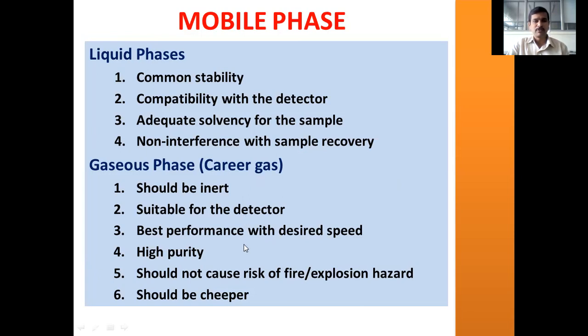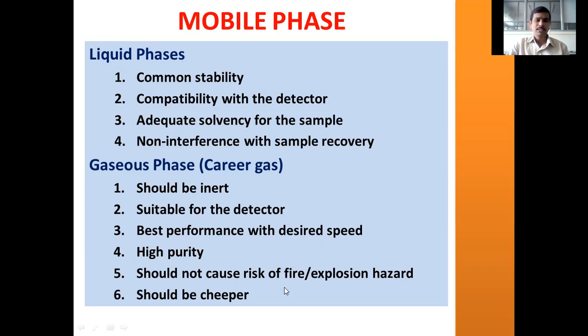And it should perform well with desired speed. The analytical time is very important, so we must be able to complete the separation at desired speed. It must be of high purity. The impure substances present in the mobile phase also matter here.